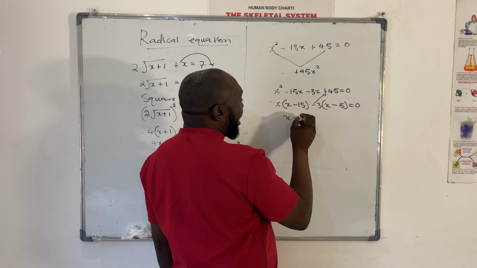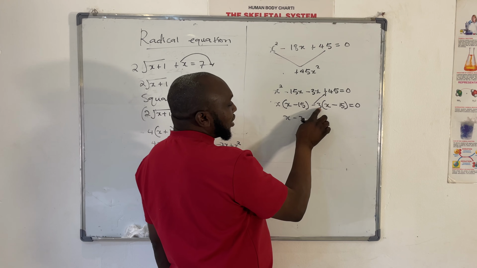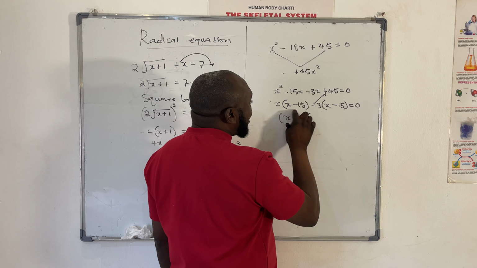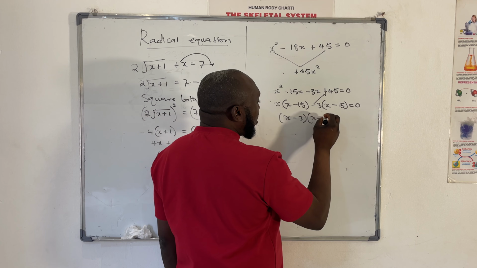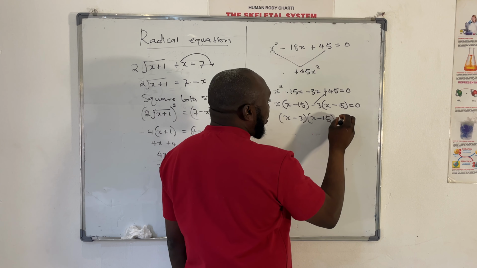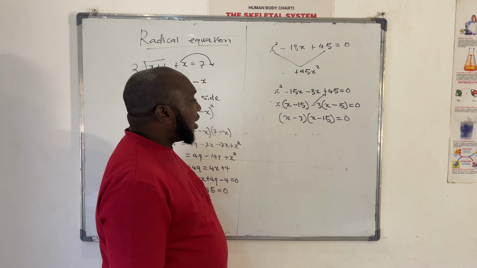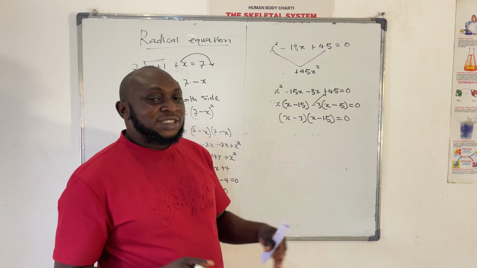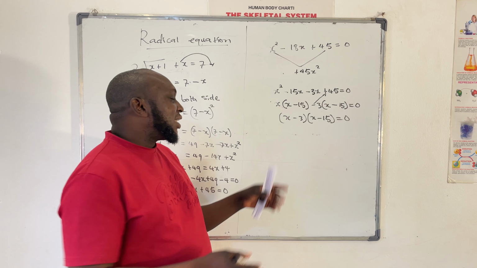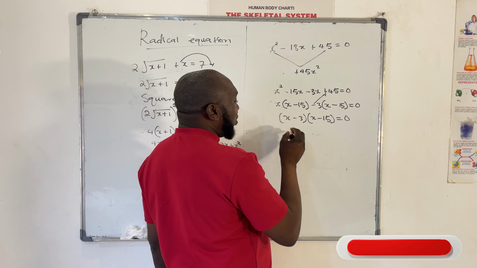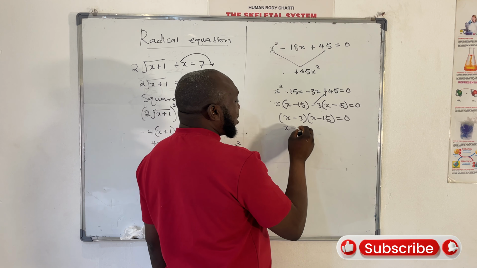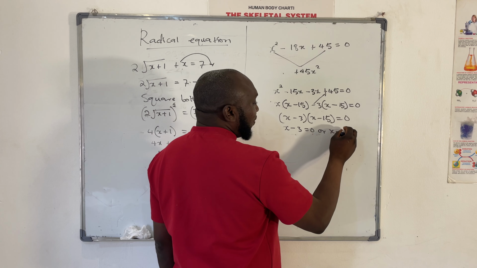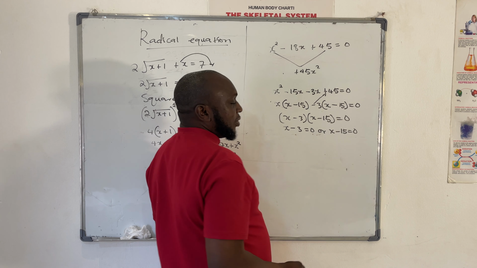Then we have s minus 3 as the factor outside; put it in one of the brackets, and in the same bracket, you pick one of them and write it here, which equals 0. If the product of two numbers is equal to 0, it means any of them can be equal to 0. That means s minus 3 is equal to 0, or s minus 15 is equal to 0.